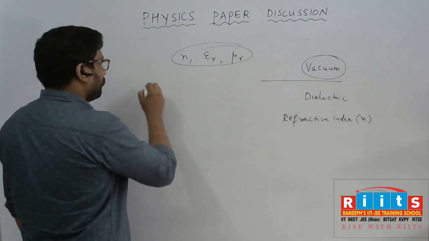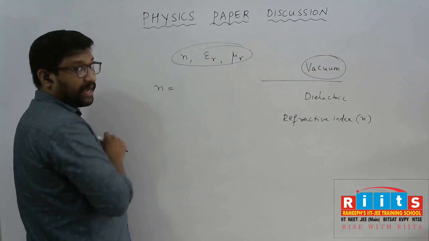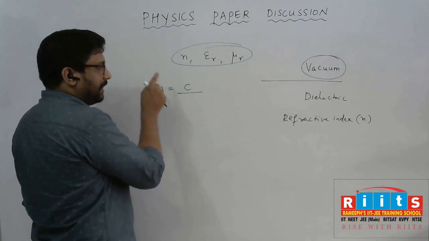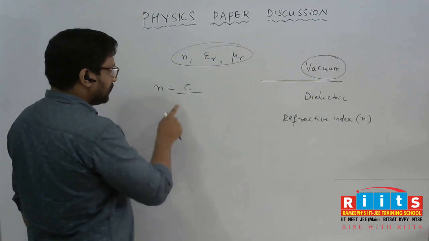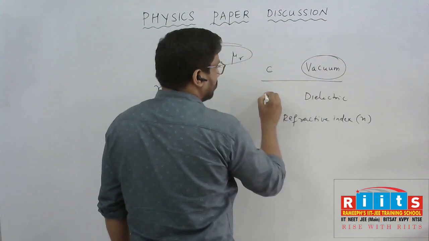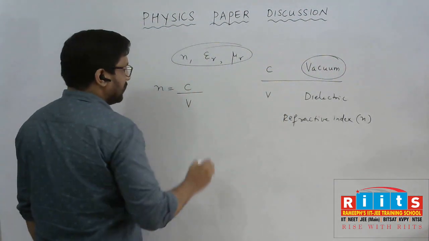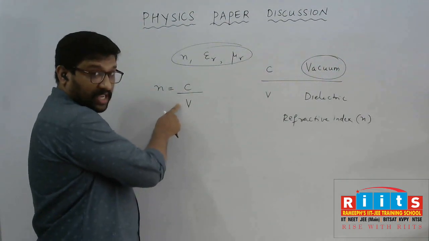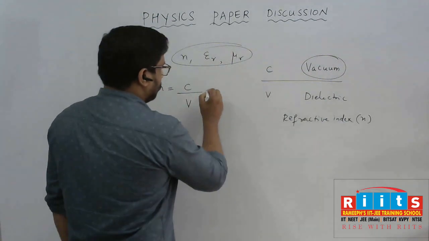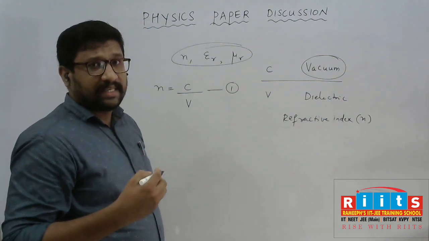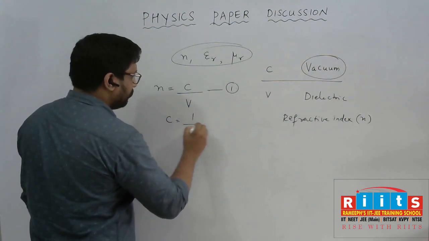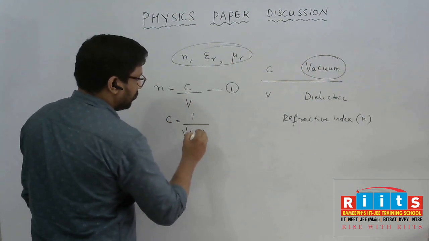Let's solve it. We know the absolute refractive index n is the velocity of light in vacuum, that is c, divided by the velocity of light in this dielectric medium. Here the light speed is c and here the light speed is v. So c by v will be the refractive index. Okay, let's say this is equation number 1. But we already studied in electromagnetic waves one important equation, c is equal to 1 by root of mu naught epsilon naught.